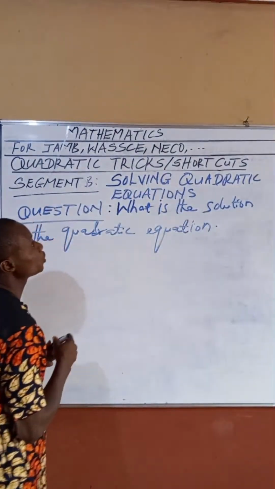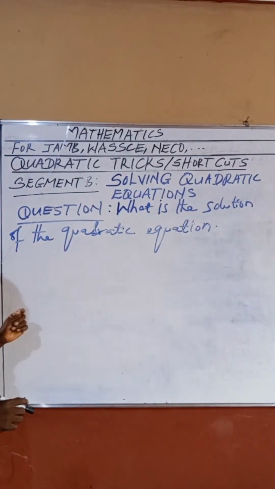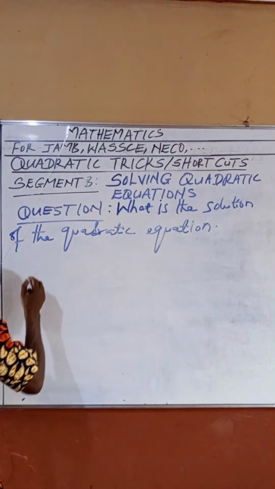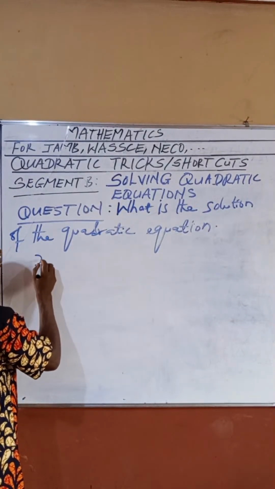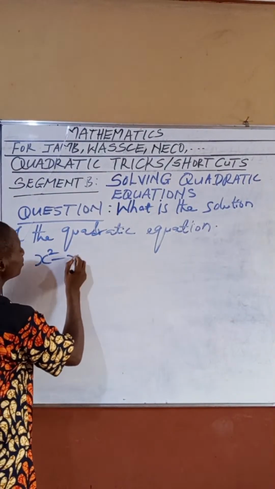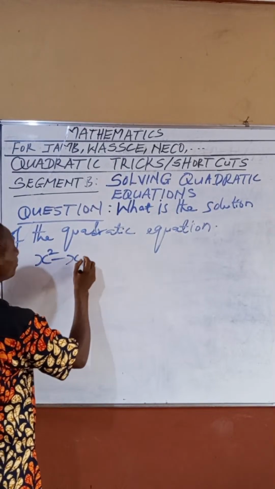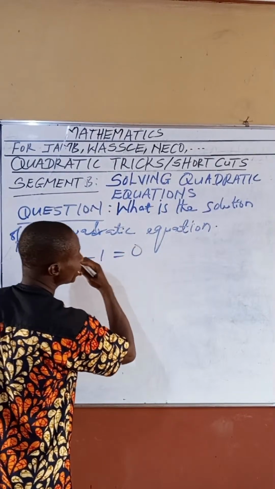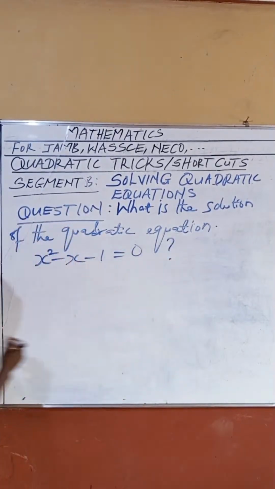So what is the solution of the quadratic equation? Now, what's the quadratic equation? Let me give us the quadratic equation: x squared minus x minus 1 equals 0. So now what is the solution of this quadratic equation? That's the question before us.